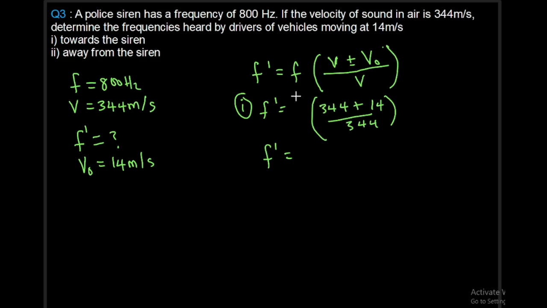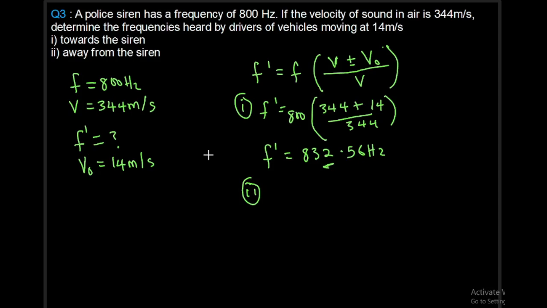Okay, so we'll use our calculator now to get our answer, and that will give us the apparent frequency to be 832.56 hertz. This is our first answer, please take note.